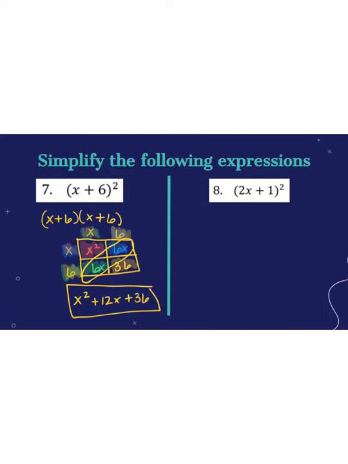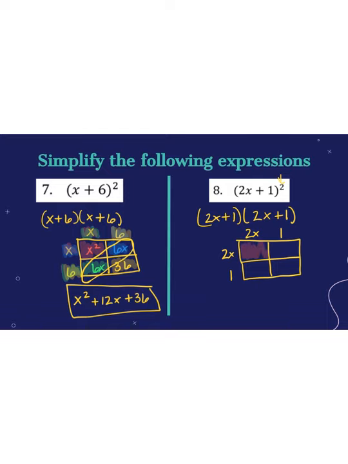Okay, same with number 8. Because you have that squared, you're going to take 2x plus 1 and multiply it by 2x plus 1. Okay, so start with your box. And I have 2x right here, and a positive 1, 2x, and a positive 1.